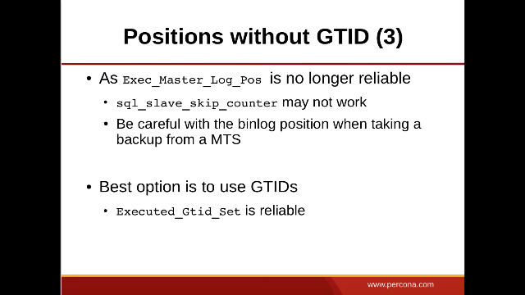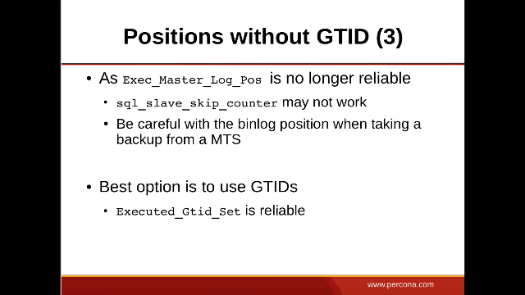When you run set global sql_slave_skip_counter = 1, what it will do is basically change exec master log pos to the next position. However, as this is no longer the latest position, it is not guaranteed to work. It is not guaranteed to skip the transaction you want to skip.